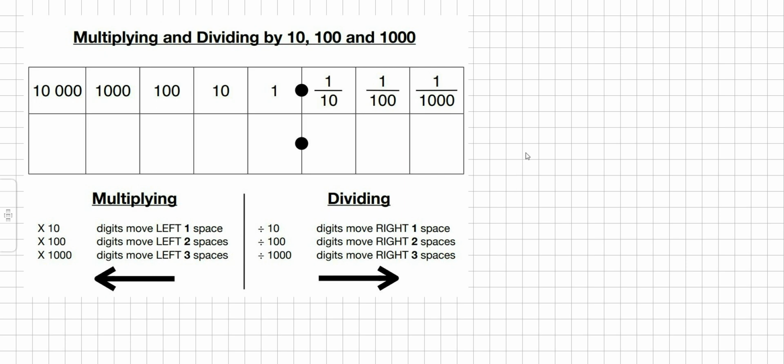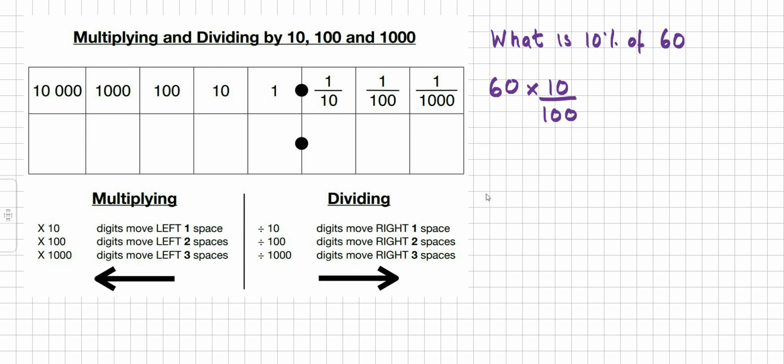So that's helpful. And we also should know that if we wanted to find 10%, what is 10% of 60, for instance, then what that means in terms of a sum is 60 multiplied by 10 and then divided by 100.